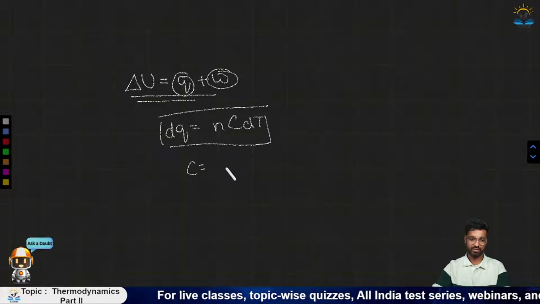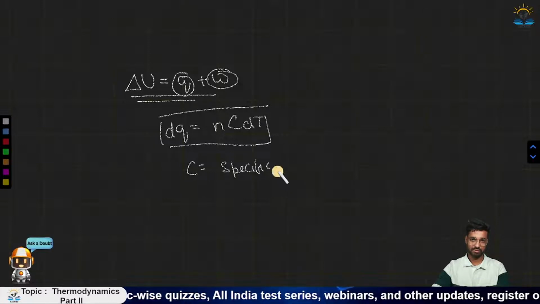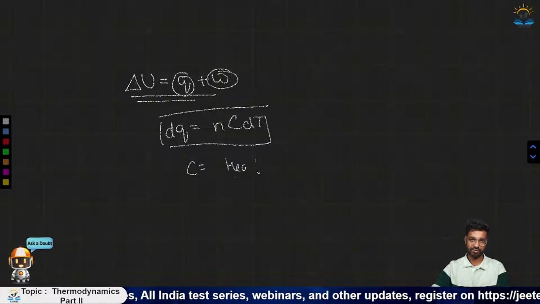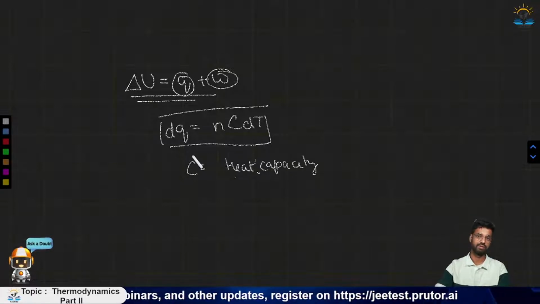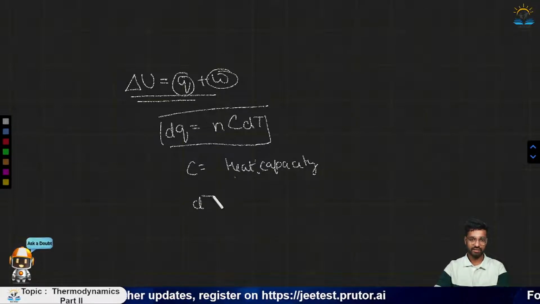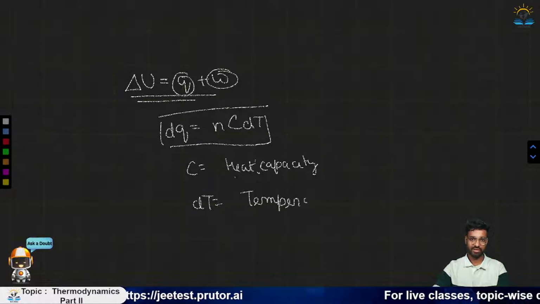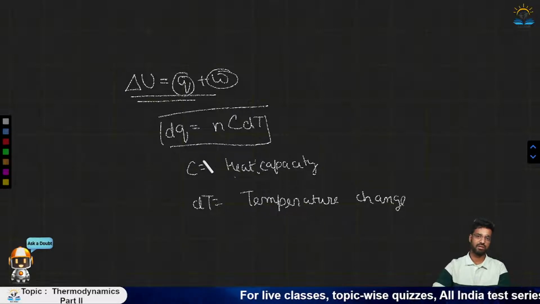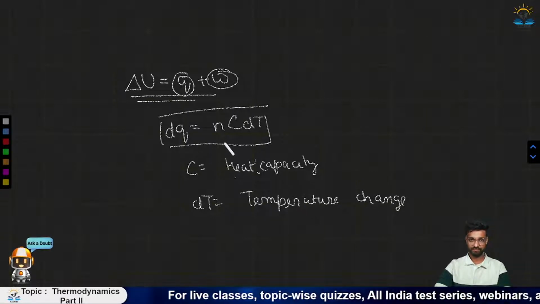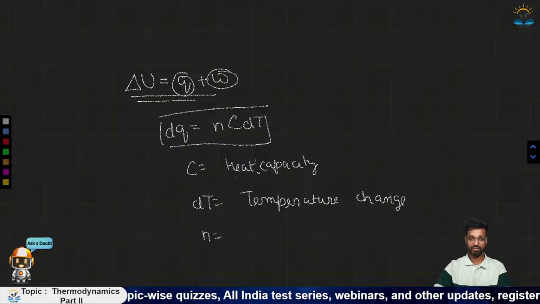C is the heat capacity. And what is dt? dt is the temperature change. It is the temperature change that occurs when we apply this much amount of heat. And n is the number of moles.